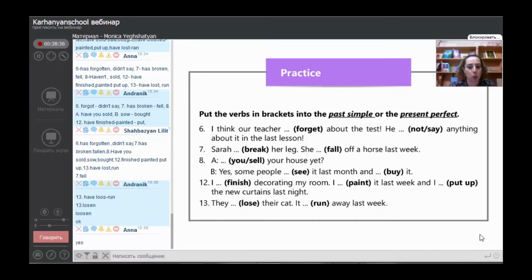Then I painted it last week and I put up the new curtains last night. Okay, do you understand why I have finished decorating? Now we see that the room is decorated already. I have finished it. But then she says when she painted it, when she put up her new curtains. Okay, last one, they have lost their cat. We don't know when. It ran away last week. Okay, is everything clear?